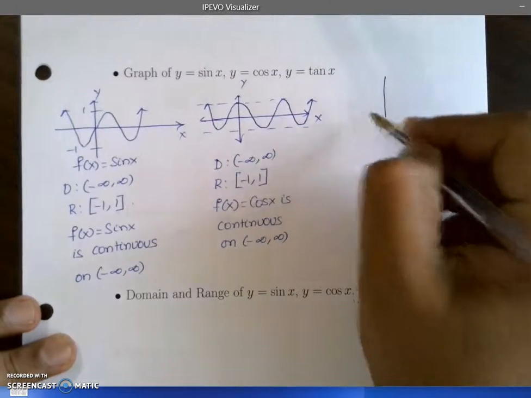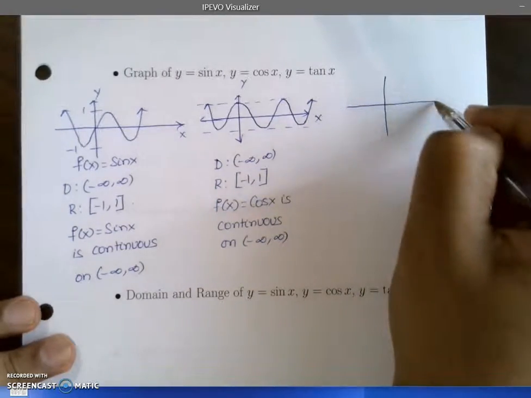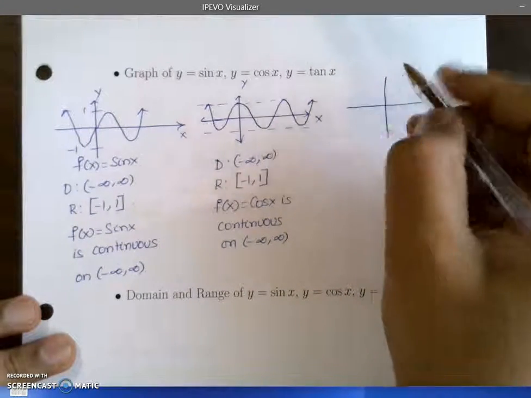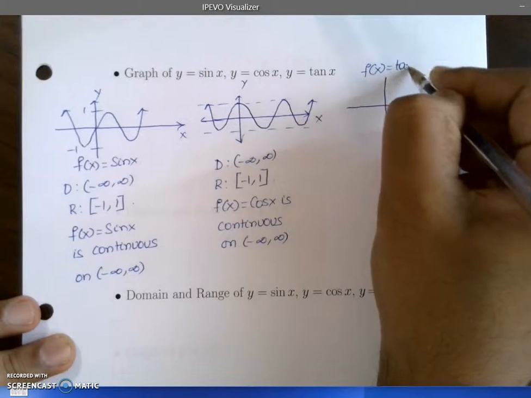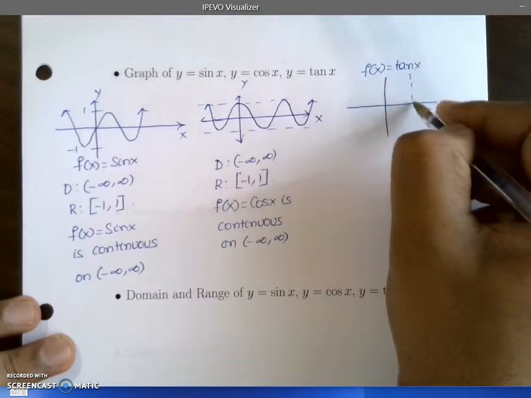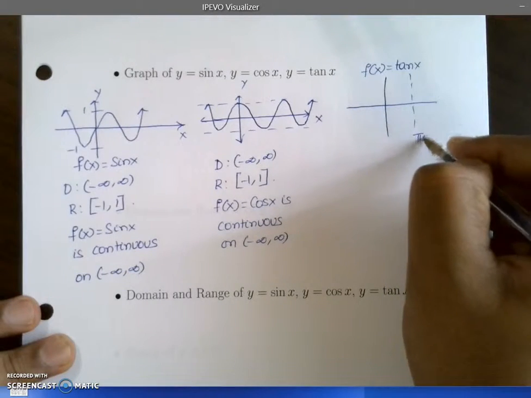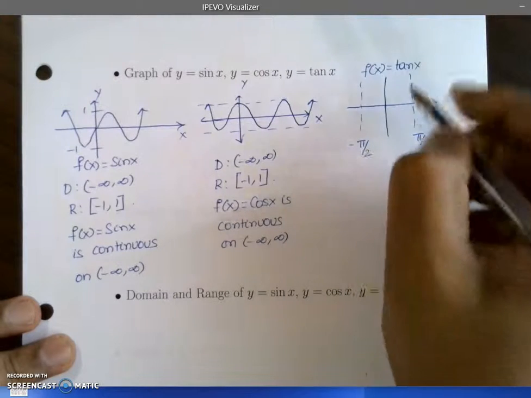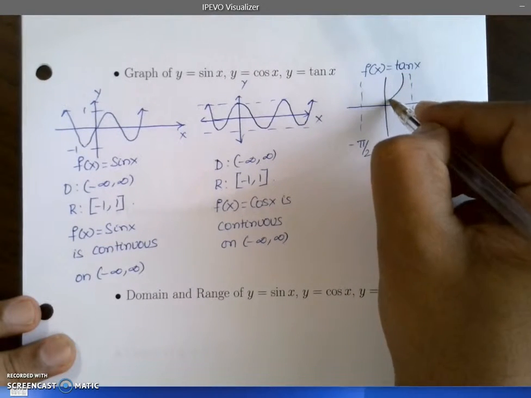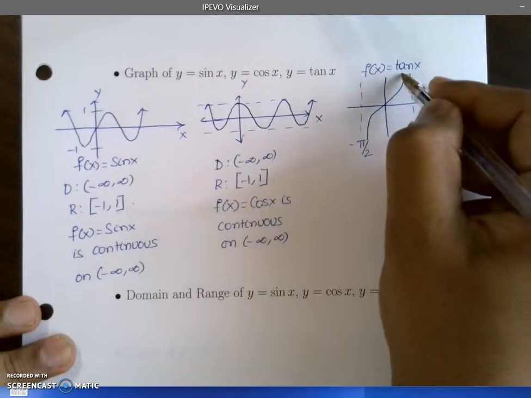Again, let's look closely at the function f of x equals tangent x. The tangent x has a vertical asymptote at pi over 2, and here it is negative pi over 2. So the graph would look like that.